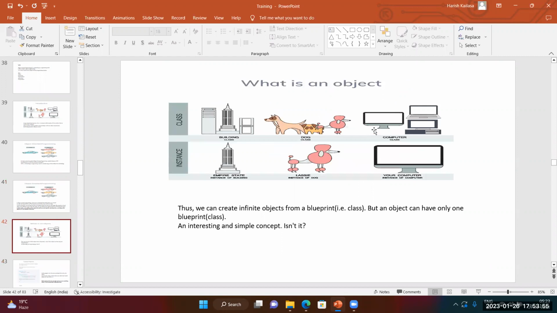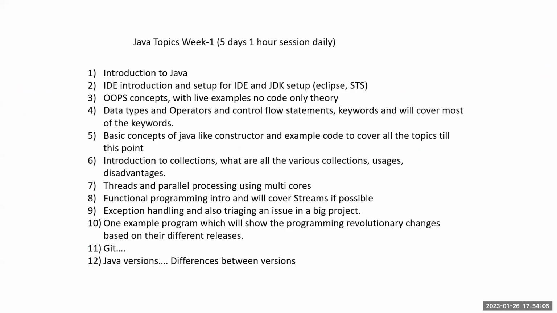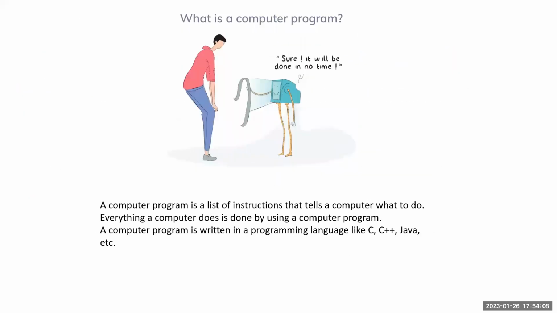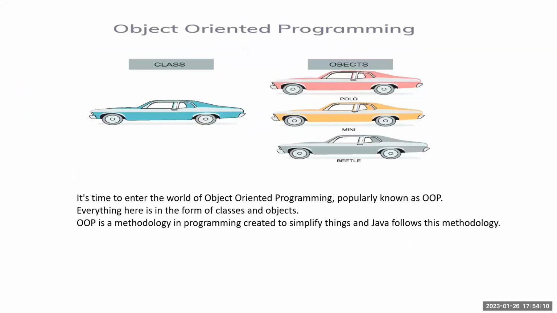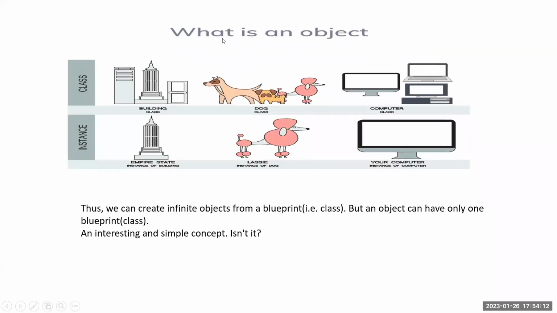Or do you want me to repeat? Similarly, one small example: if you see here, these are all classes. I hope it is visible. Building is a class, dog is a class, and computer is a class.